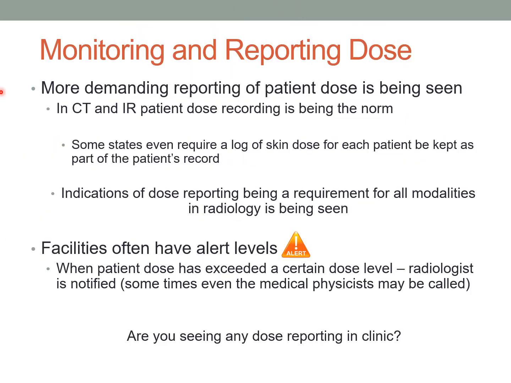Monitoring and reporting dose. More demanding reporting of patient dose is being seen. In CT and interventional radiology, patient dose recording is becoming the norm. Some states even require a log of skin dose for each patient be kept as part of the patient's record. The skin dose is where we get most of our radiation. So let's say someone wants to look at the lungs. Well, we have to go through the skin first. There are many layers of skin.